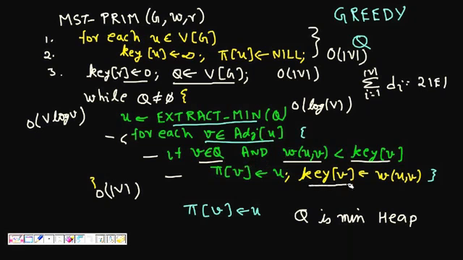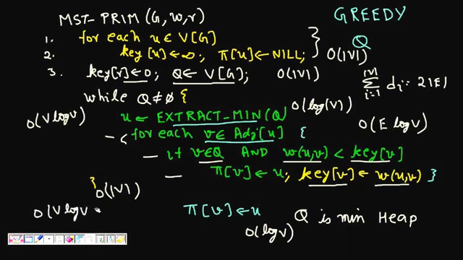And again, when we write key of v equal to w of uv, this is again writing into the Q, so it will take O of log of V time. So overall this will take O of E into log of V time, so it will be O of V log of V plus E log of V.